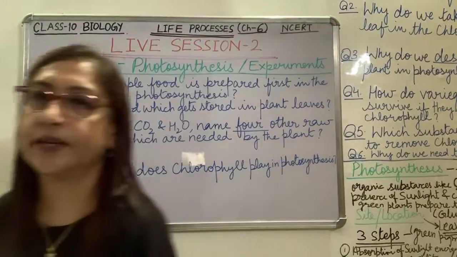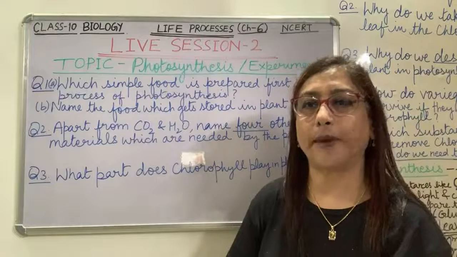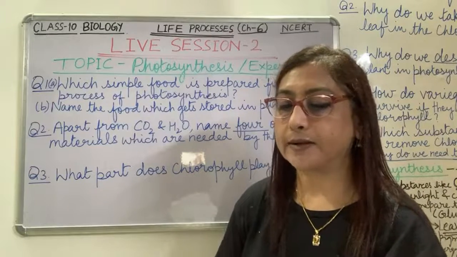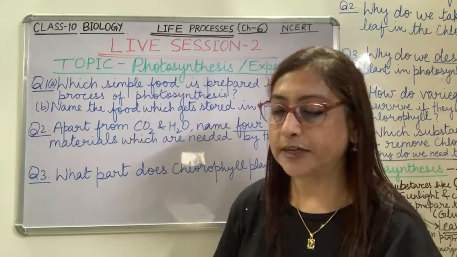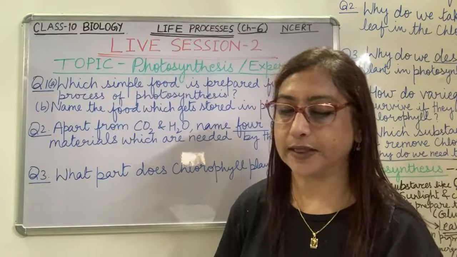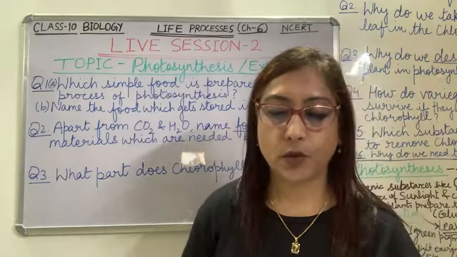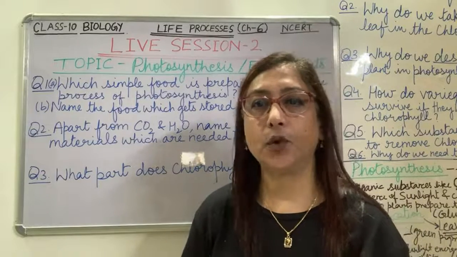Look at the second question, children, that is relevant to our topic today. The second question says, where do plants get each of the raw materials required for photosynthesis? This question is quite simple. Can you answer it?